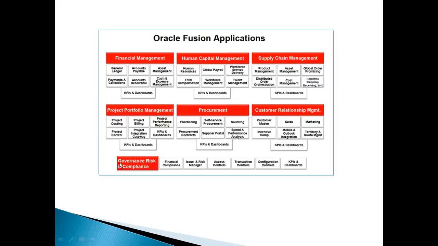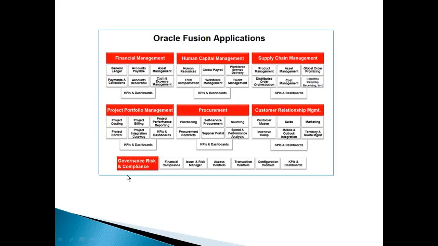And GRC, governance, risk and compliance, is used to write certain policies or conditions. If somebody is performing so-and-so task, that person should not have access to certain functions. That kind of predefined rules you can build by using GRC.